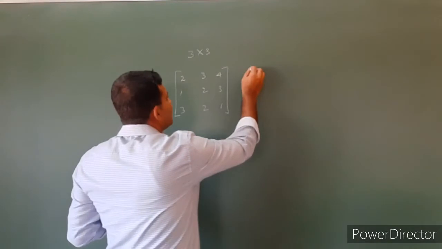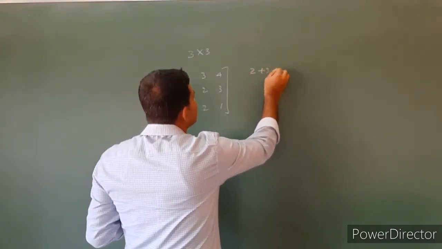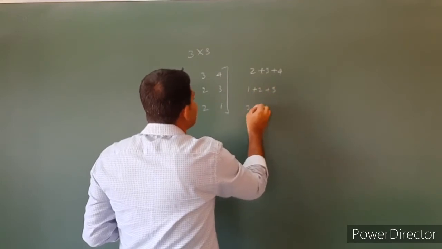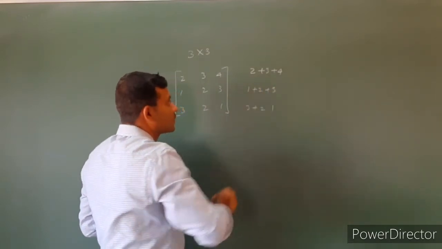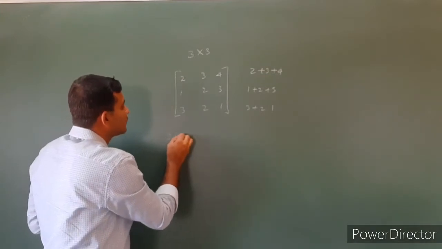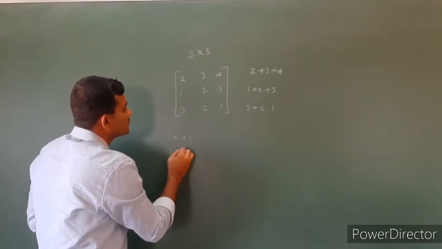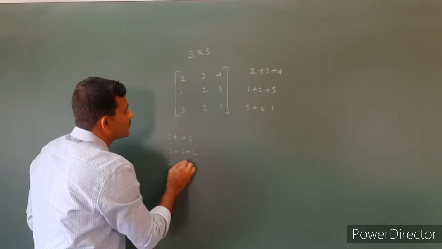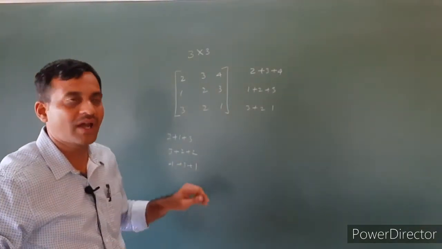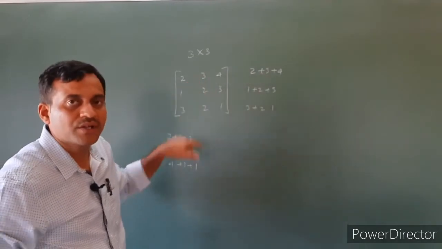That is, here we add 2 plus 3 plus 4, then 1 plus 2 plus 3, 3 plus 2 plus 1. These are the sums of row elements. Then column elements, that is 2 plus 1 plus 3, 3 plus 2 plus 2, 4 plus 3 plus 1. That is the problem statement. We have to add row sum and column sum.